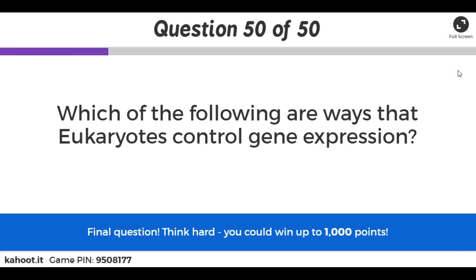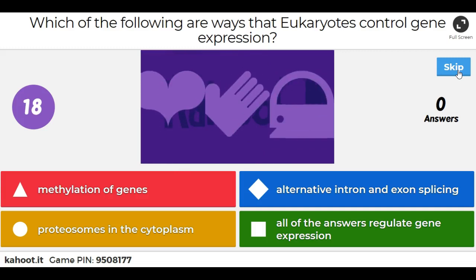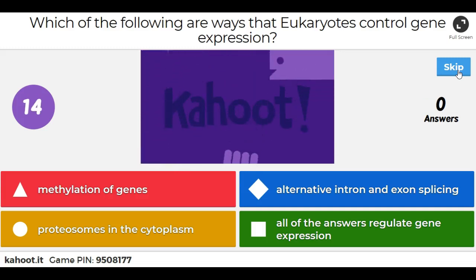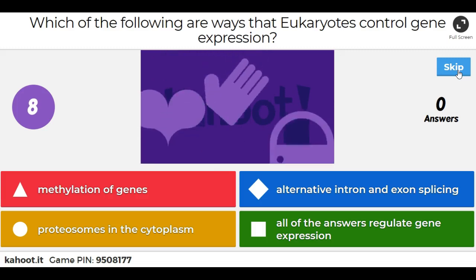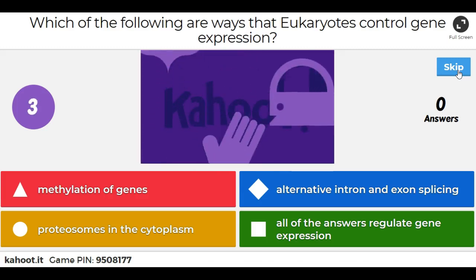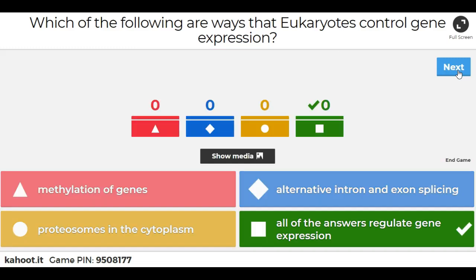Last question. Which of the following are ways that eukaryotes control gene expression? The answer is all of these are ways that eukaryotes control gene expression. We methylate and acetylate our genes.